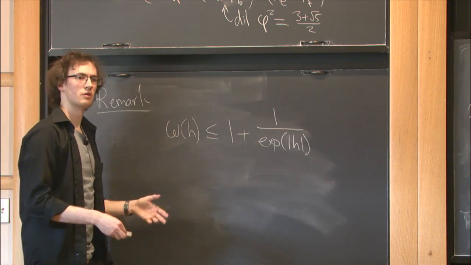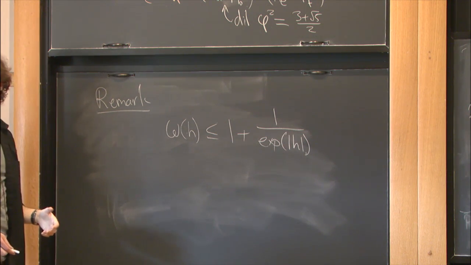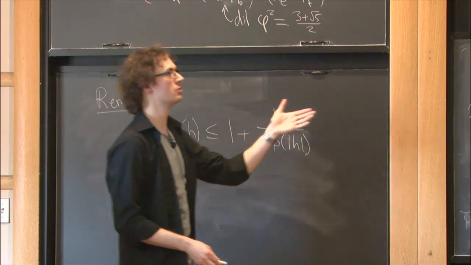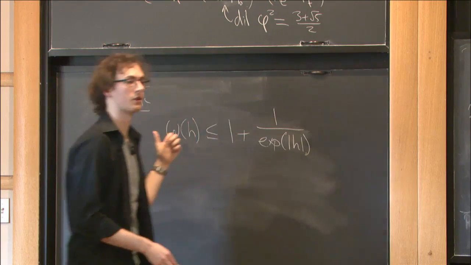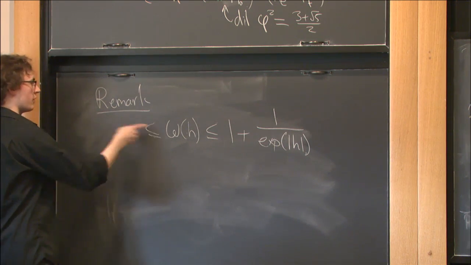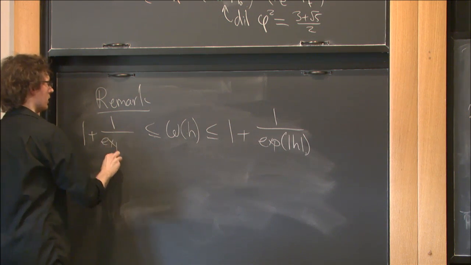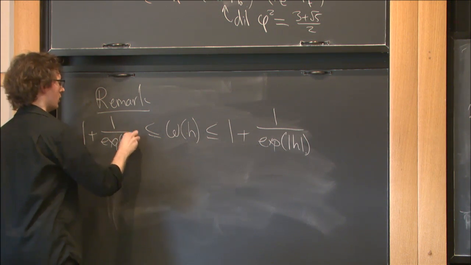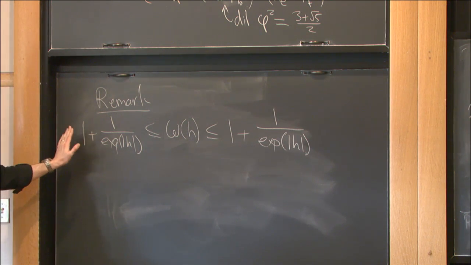Well, if you go and talk to people doing things like computational number theory, they'll tell you that, because you have good control over these polynomials, you can do the same thing in the other direction. So in the other direction, you also have that the spectral ratio is bounded below by 1 plus 1 over some exponential function of the word length as well.